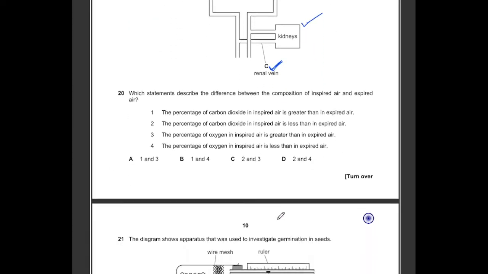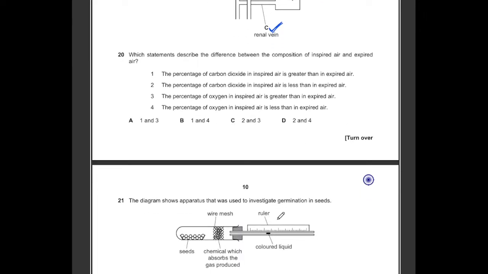Moving to the 20th question. Still 20 more questions to go. Which statement describes the difference between the composition of inspired and expired air? We are doing revision actually in our school on the same topic. Inspired air CO2 is actually 0.04% and expired one is 4%. 21% of oxygen if I remember correctly, and this should be 16% of oxygen.